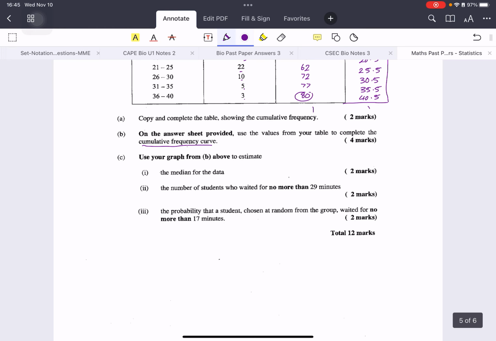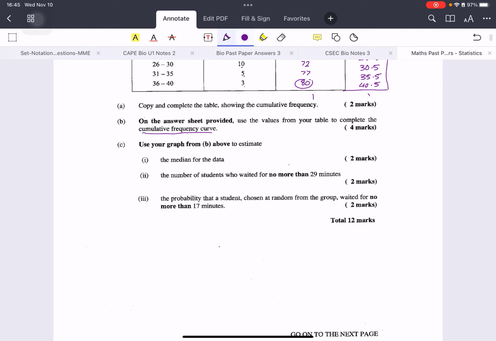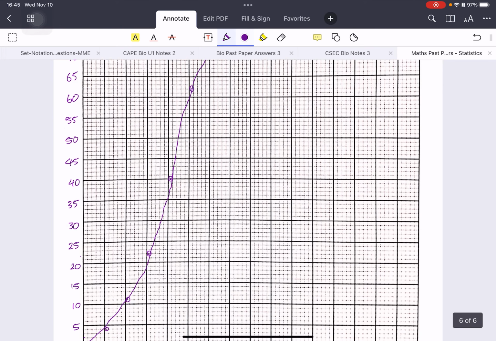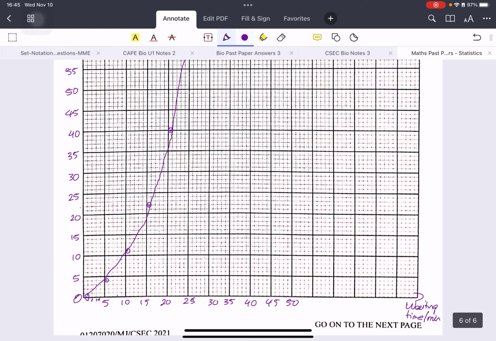So now we need to utilize our graph. Okay, they want us to find the median of the data. Okay, so remember, the median of the data will be half the number of students. Okay, so let's find that. Hopefully my graph is not totally out of whack.